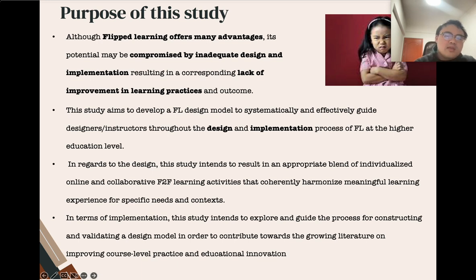And in this case, we are using flipped learning at the higher education level as the context of this study. So, in regards to the design, this study aims to come up with the appropriate blend. How much should the face-to-face component be? How much should the online component be?